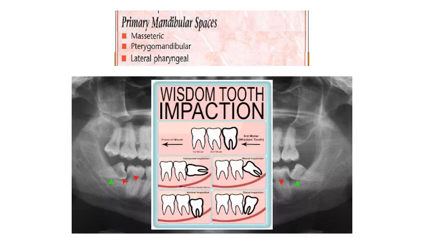According to the direction of the wisdom tooth, whether it is horizontally, mesioangularly, or vertically impacted, the depth of impaction, whether partially impacted, superficial, or deep in the muscle, and the lingual or buccal deflection of the roots themselves, it will dictate where the infection will go further.